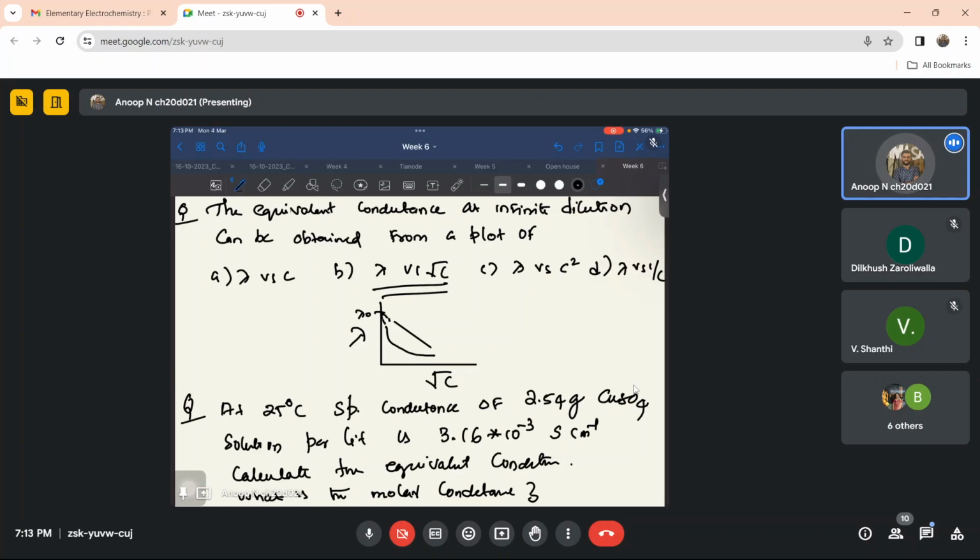So first, equivalent conductance you have to find out. Similarly, molar conductance also you can find out.